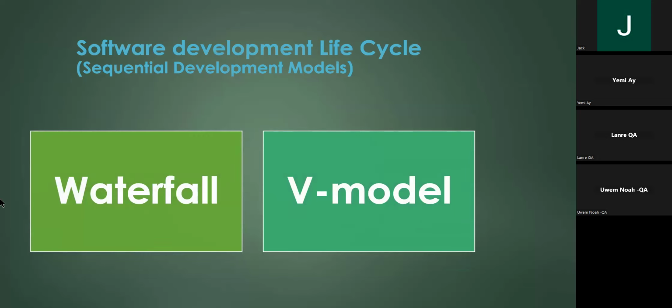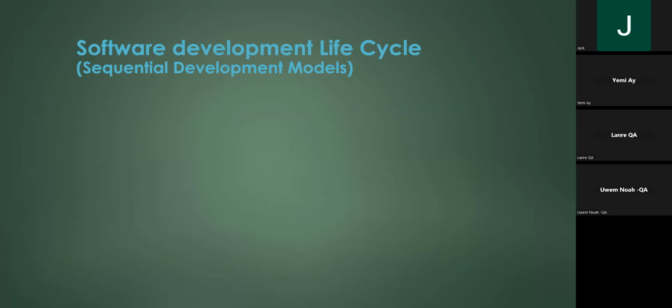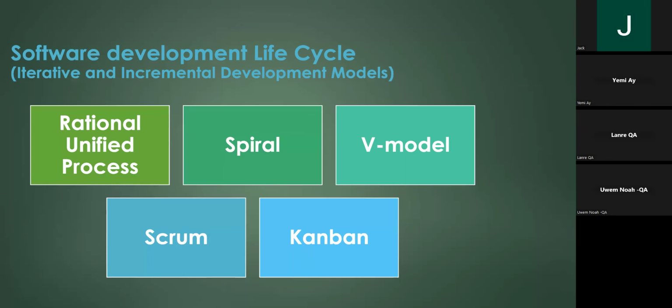Then we've got the sequential type. It's still software development lifecycle. So the first one was incremental. Then the next one is sequential: waterfall and V model. Note here that we've got 5, the various ones, but I just broke them down into 2 so that you know which category each belongs to.